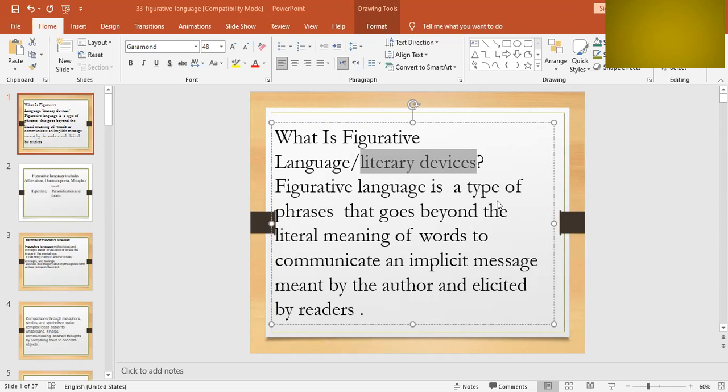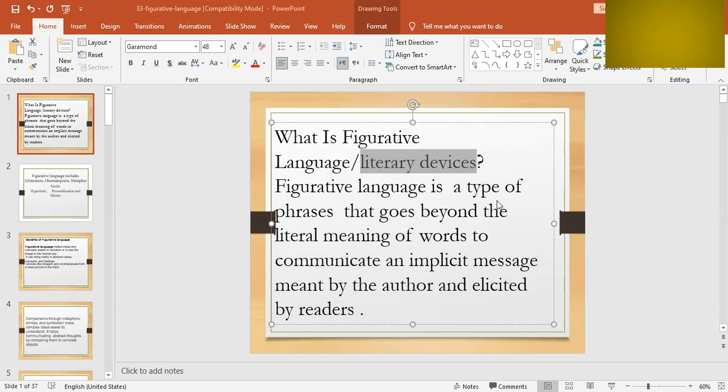For example, when I say the sun, it's that big star which is in the sky. But sometimes I use the word sun to refer to something very beautiful or very intelligent or very warm or very hot. So this is what we mean by going beyond the literal meaning of words. Why? To communicate an implicit message.